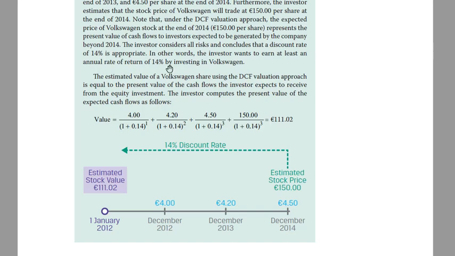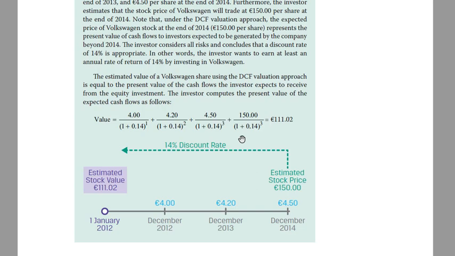valuation for this. You can see the value is simply the dividends, a 4 euro dividend, 4.20 dividend, 4.50 euro dividend at the end of 3 years, and at the end of 3 years selling the stock for 150 euros. We're just discounting them back: the present value after year 1 of the 4 euro dividend, the present value of the 4.20 euro dividend after 2 years, 4.50 after 3 years, and selling the stock after 3 years.